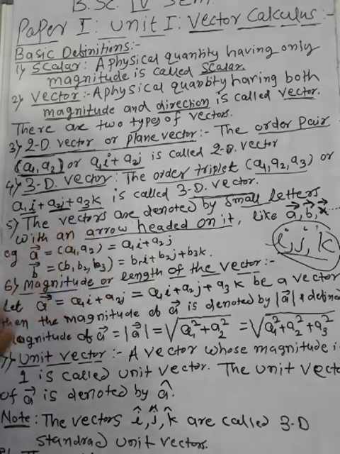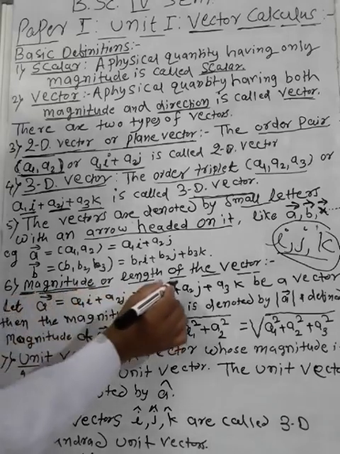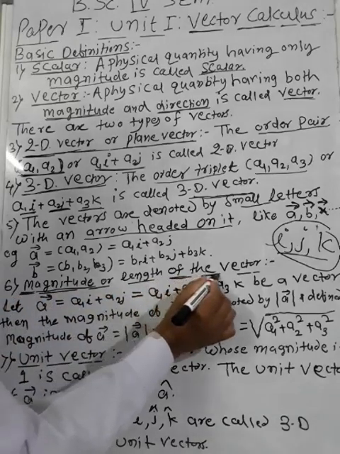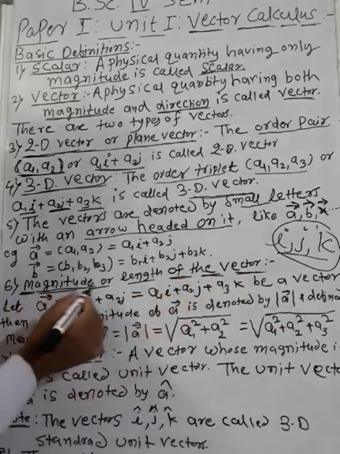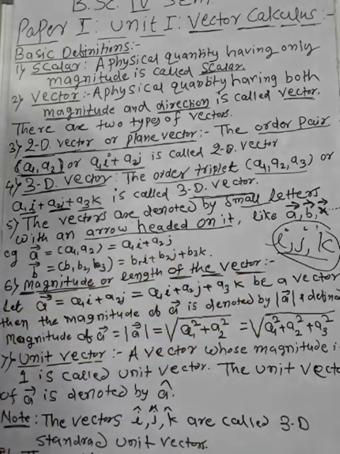Then we are going to see one more important result while handling units 1 and 2 about vector calculus: what is meant by the magnitude of a vector, which is the length of a vector, and we are going to define the magnitude or the length of a vector.